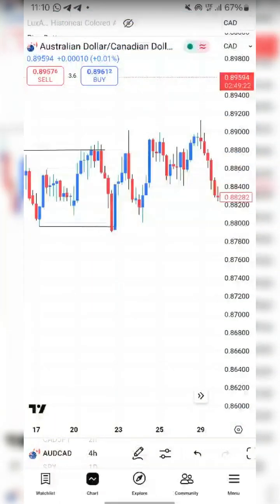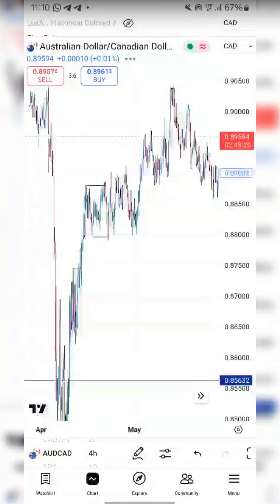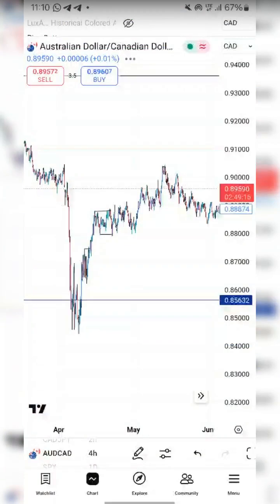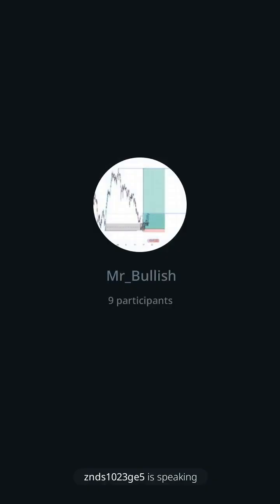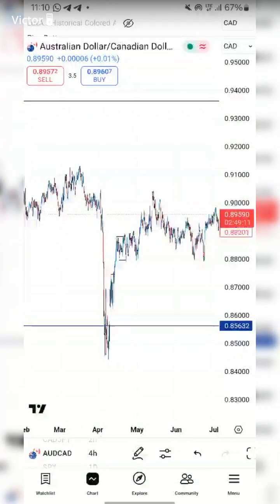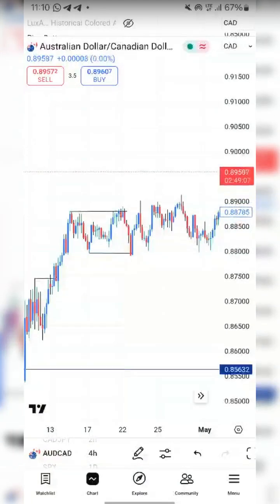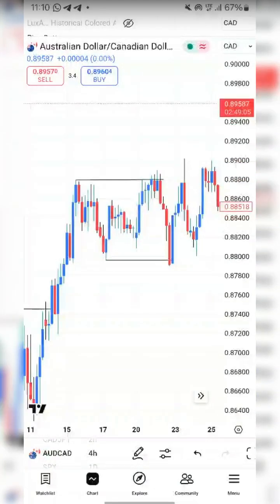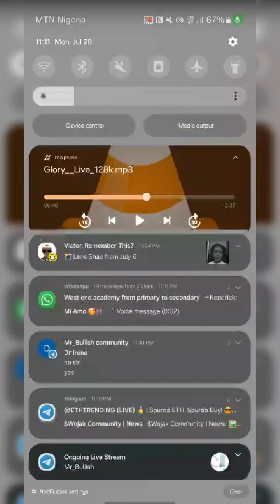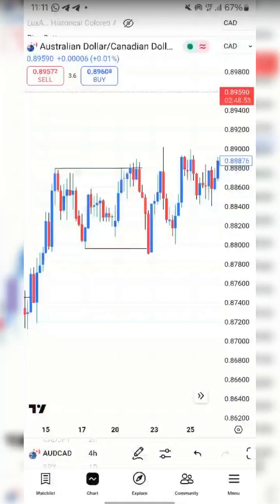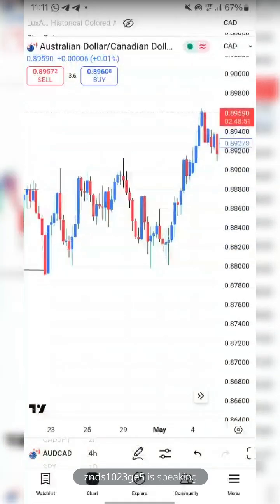Now, at this particular point, if you notice, the market after doing this continued going upward. That is another topic. But the basic concept behind this is that whenever you see something like this, it signifies change of character, and it means that the market will start heading downwards from that point. Hope you get me now.